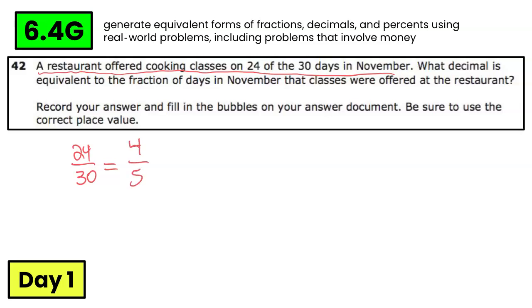This would make the numbers a little easier when they go to divide so that they are a little smaller. 4 divided by 5, remember, is going to be written as 5 on the outside, 4 on the inside. 5 cannot go into 4, so we add our decimal point and a 0, and then 5 goes into 40 8 even times. And so the decimal equivalent to 4/5 or 24/30 would be 0.8.